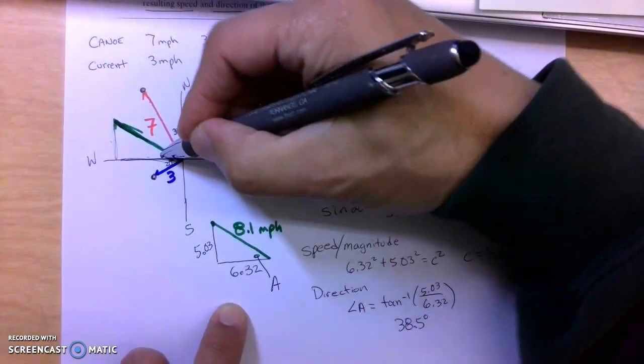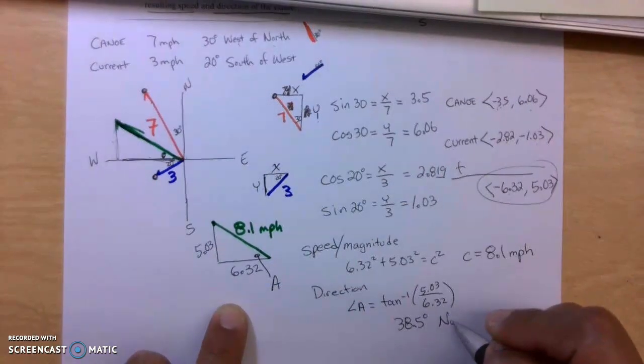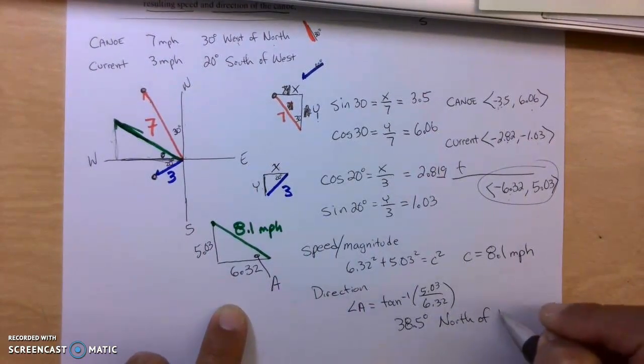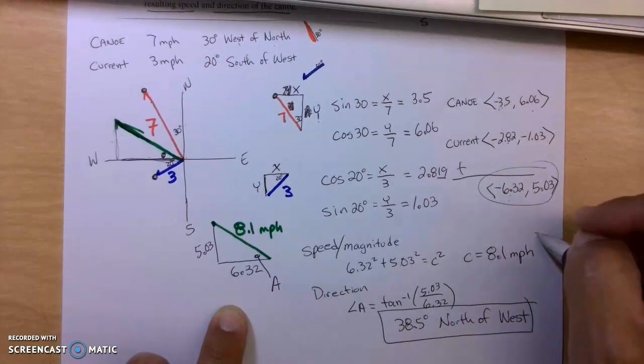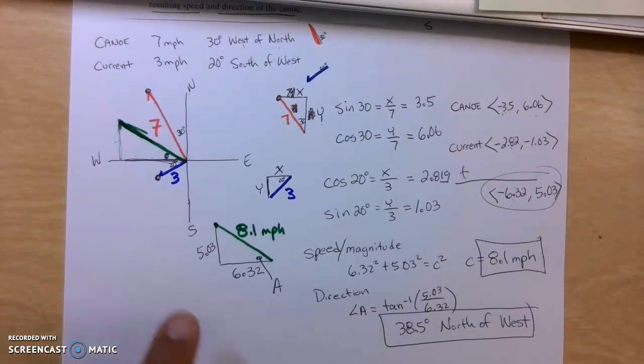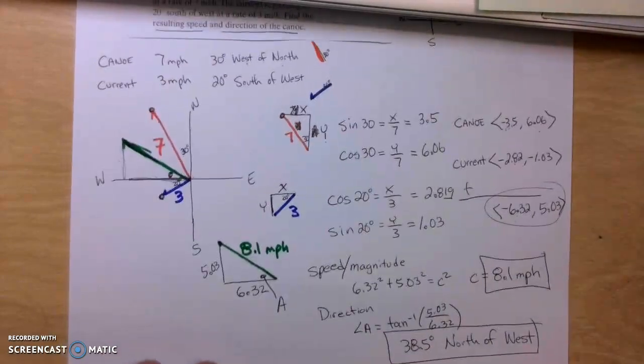So this is 38.5 degrees north of the west line. North of west. So here's the direction. Here's the actual speed of the canoe that's fighting the river current. Number 30.